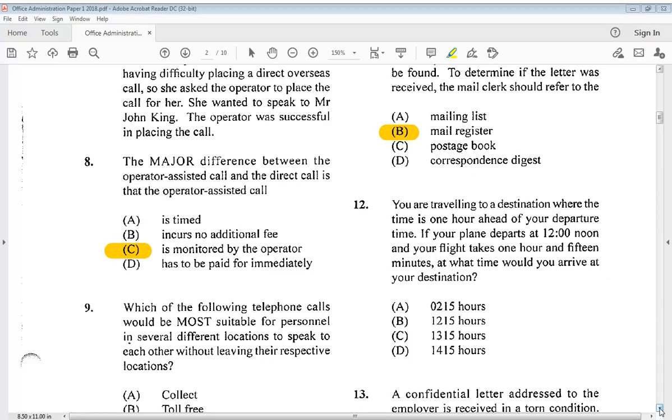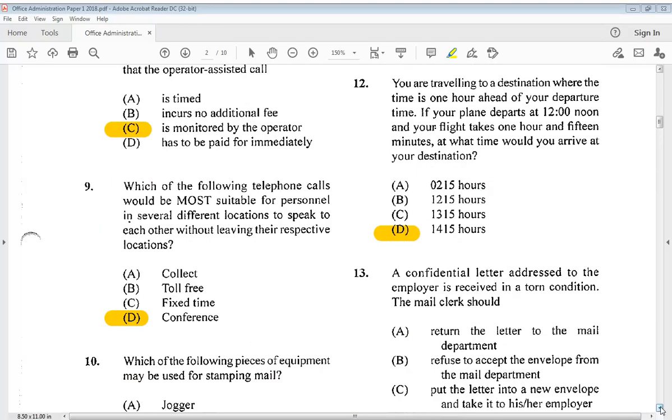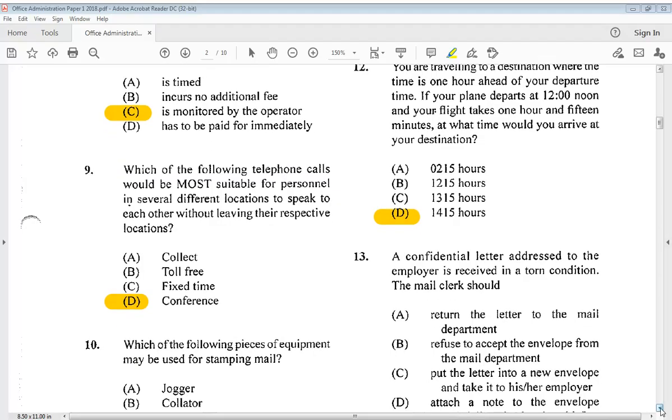So if the plane departs at 12 noon, your flight takes 1 hour and 15 minutes. That is 13-15 minutes. But you have to take into consideration that the destination is 1 hour ahead. So you would have to factor that. So that is why we arrive at the 14-15 hours. Some of you have been saying it is 13-15, but it can't be.